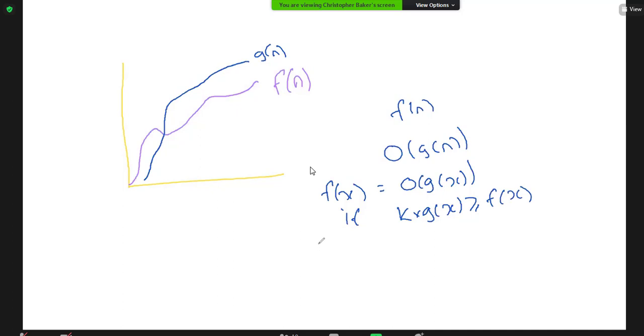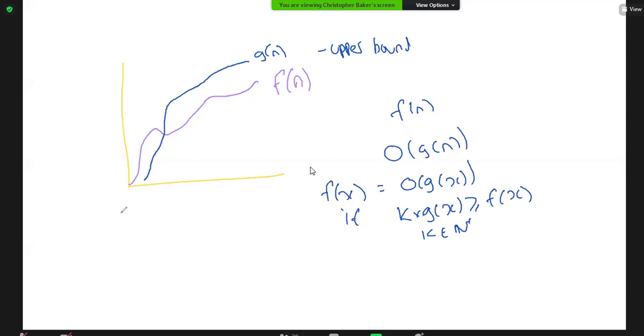This is the upper bound. You've got a value k, which is normally a positive natural number, and you're saying that if I multiply this function g of n by k, it'd be bigger than f of n.